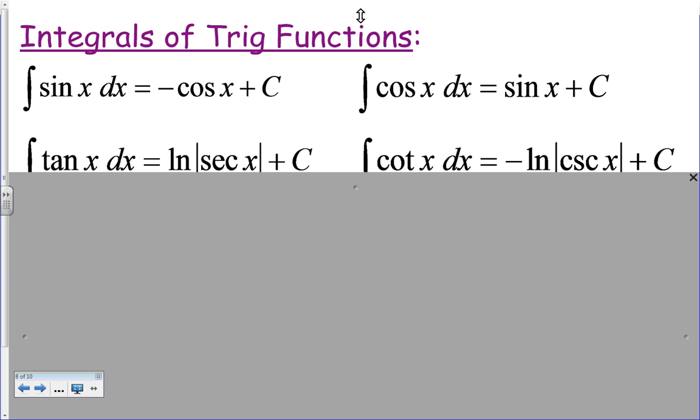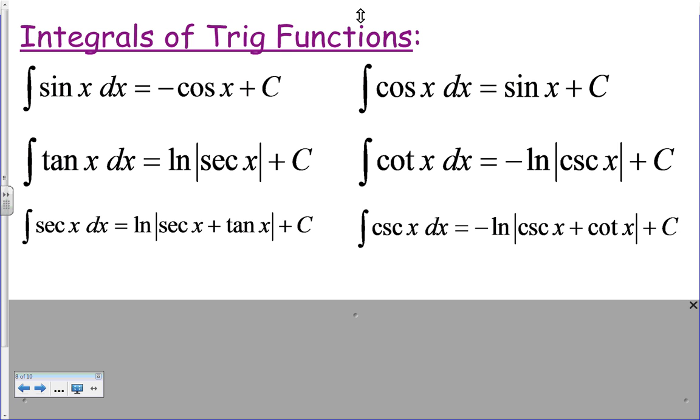All right, so here are the 6 properties then. These are in your book there as well, but the first 2 you obviously know. The integral of sine we already knew was the negative cosine of x plus c, and the integral of cosine is sine of x plus c.